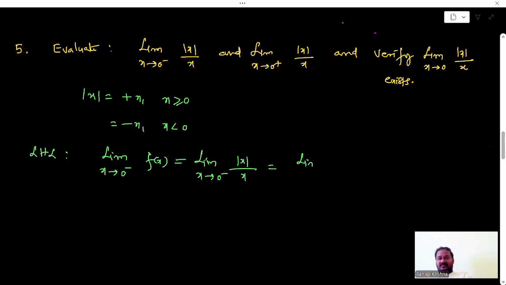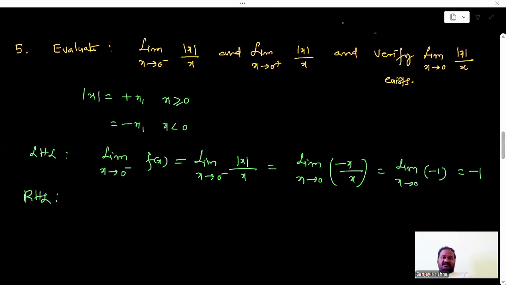Now, when x is 0 minus, what is modulus of x? 0 minus means x less than 0, then modulus of x is going to be minus x divided by x. Minus x by x is equal to minus 1, right? So limit x tends to 0 minus 1. What is limit x tends to 0 of minus 1? Yes, it is minus 1 because there is no x to substitute.